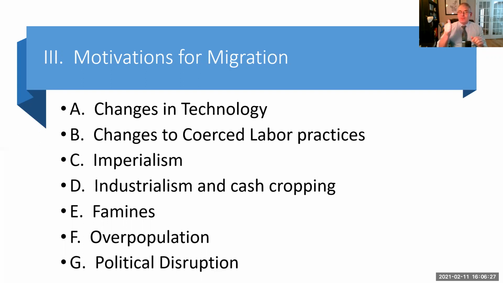There were new jobs, whether in factories, on plantations, or in the mines. These new types of jobs were looking for people from across the globe. And India, China, Japan, and all throughout Europe, there are going to be many from the lower classes that seek these jobs out, sometimes voluntarily, sometimes in the form of indentured servitude or contract labor.